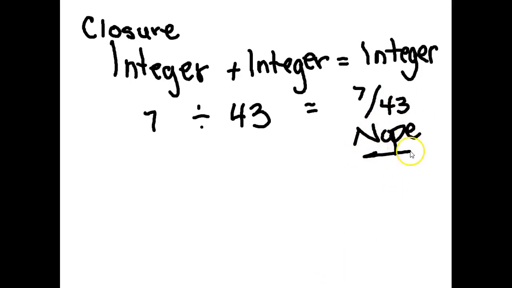So the answer is nope, not on that one. So integers under division are not closed. That's basically what you should be thinking about: what you put in, you kind of get back out.